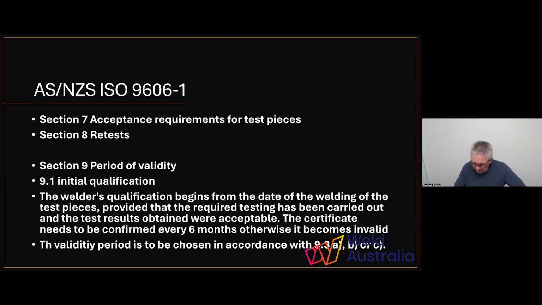If you go down the 2-year pathway, it's just ticking a box more or less every 6 months to say that the welder is still working within his range of qualification. And also I often like to see NDT back up with that if you can. And then of course, if you go down 3834 pathway, well, it's just a matter of the supervisor ticking the box saying, yep, we're still compliant with 3834.